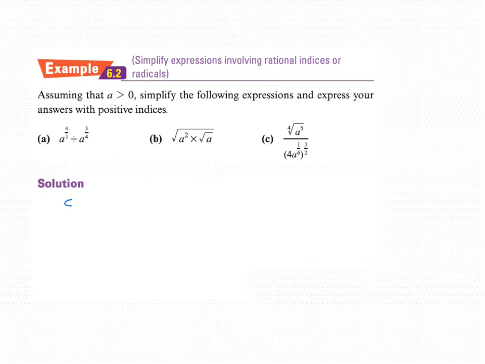For C, for the numerator, the fourth root, so 5 over 4, and the denominator 4. 4 is 2 to the power 2, and times the 3 over 2. For the inside, 1 over 6 times 3 over 2.